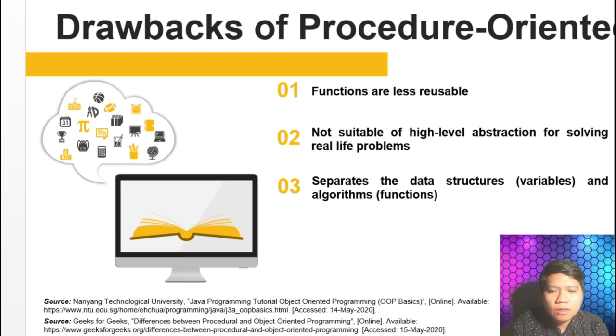And number 3, it separates the data structures or variables and algorithms or functions. It is because we cannot group related variables and functions in a single entity. In OOP, we can group them into a single entity, which is a class or an object. So that is the difference between procedure-oriented and object-oriented.